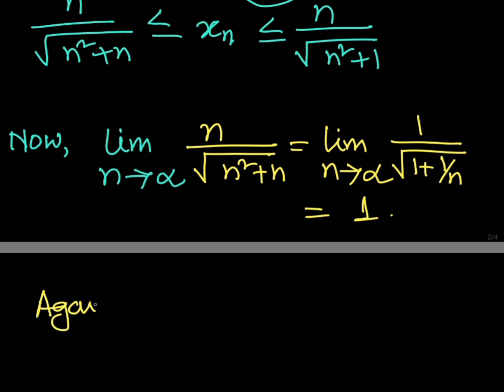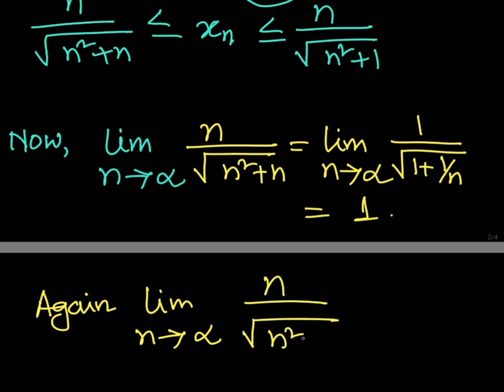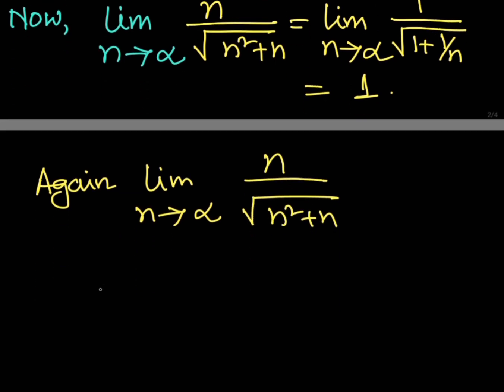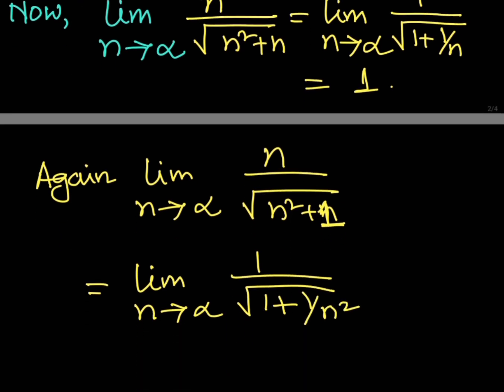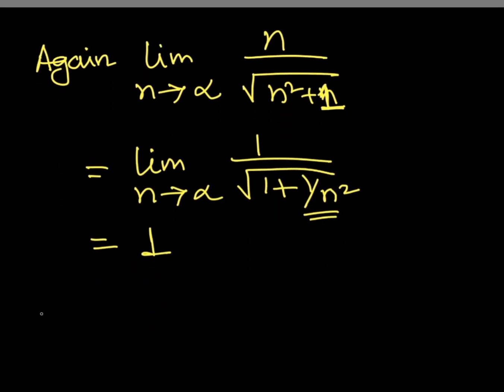Again, the limit as n tends to infinity of n upon square root of n square plus 1 is the limit of 1 upon square root of 1 plus 1 by n square. So this is actually 1, because 1 by n goes to 0.